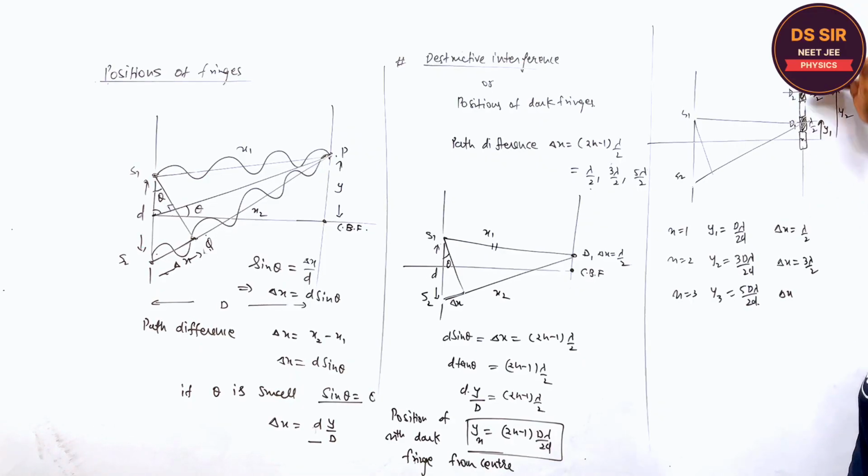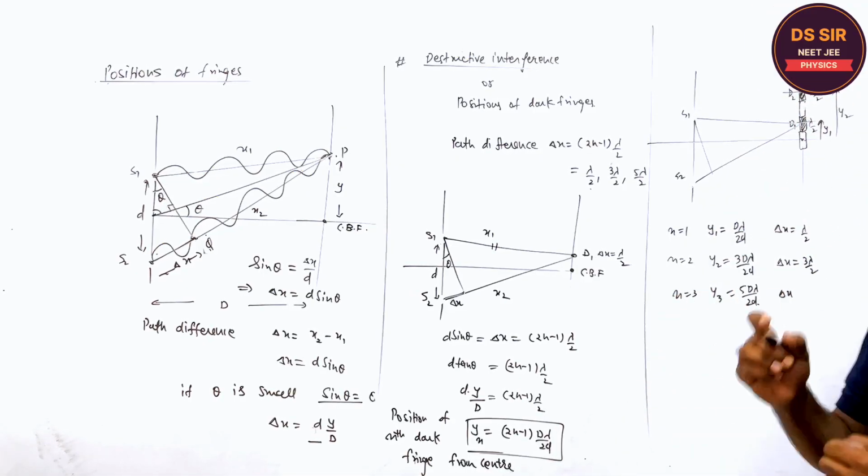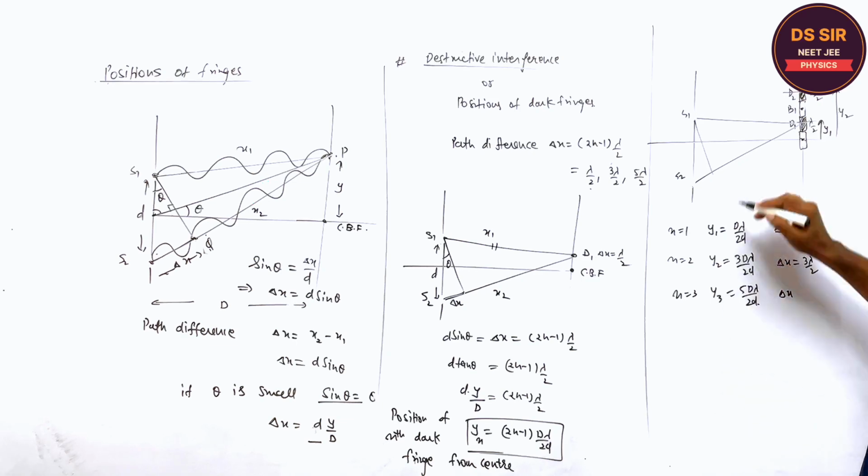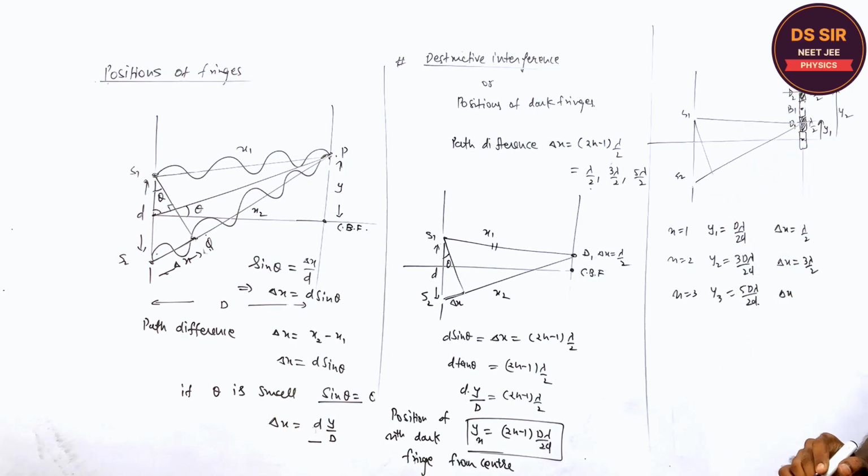So as we are going upward away from the central bright fringe, the path difference is increasing. Here the path difference is 0. If I consider this is B1, Sanjay, B1, what is the path difference between the two waves? Lambda. Very good. 0 plus lambda by 2 plus lambda by 2 plus lambda by 2.